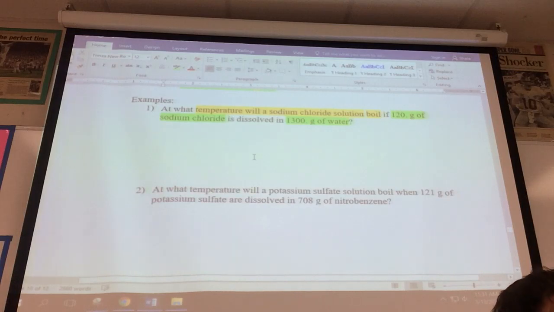So that's all the information they give us. Let's get it down. It doesn't seem like it's enough. Yet you'll see as we walk through the two formulas, you have everything you need to calculate the boiling point of the solution. So in this first example, we're looking for the boiling point of the solution.